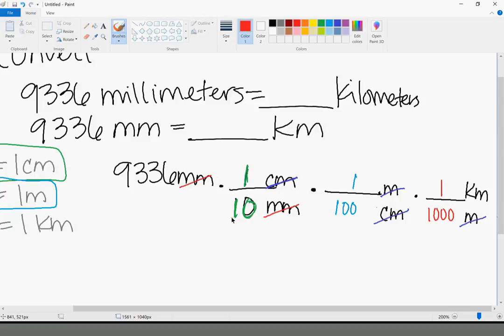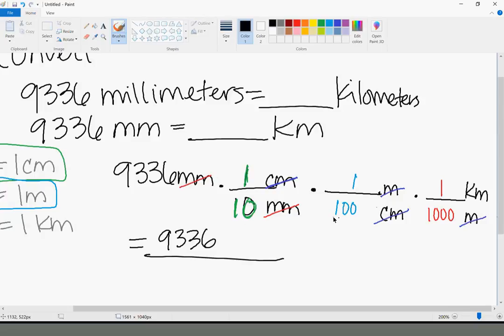So let's look at what's happening here. 10 times 100 times 1,000. If you were to multiply those together, just combine the zeros. That's the easiest way to do it. So the top part, 9,336 times 1 times 1 times 1 is just 9,336, right?